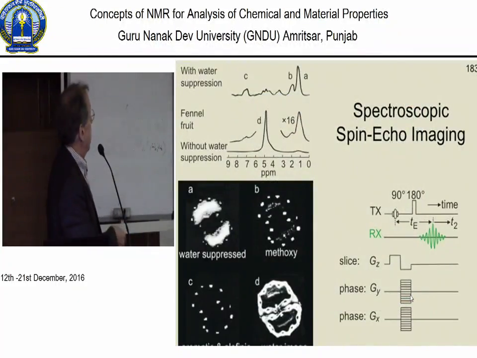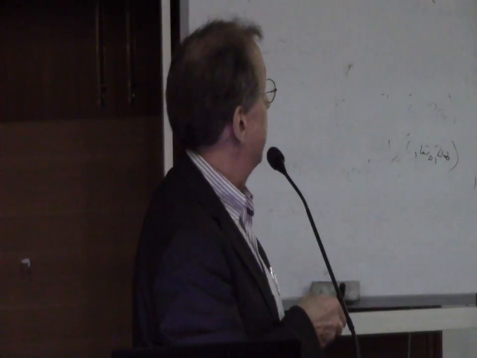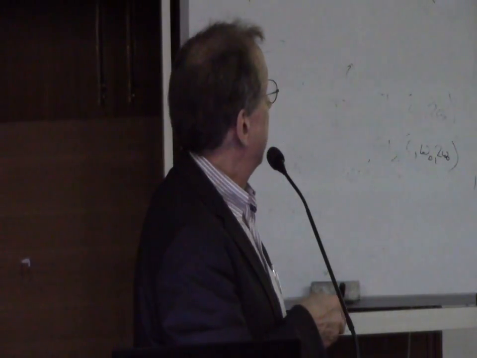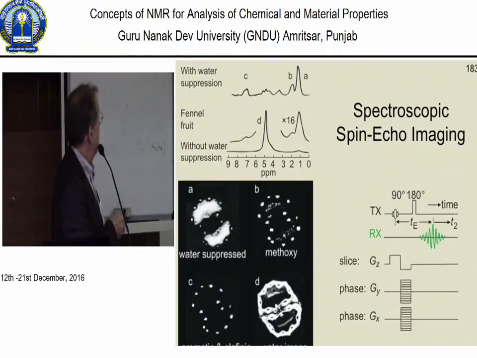So you can suppress the water signal, and when you suppress it, other signals now become visible: A, B, and C. That's the image you get by water suppression.